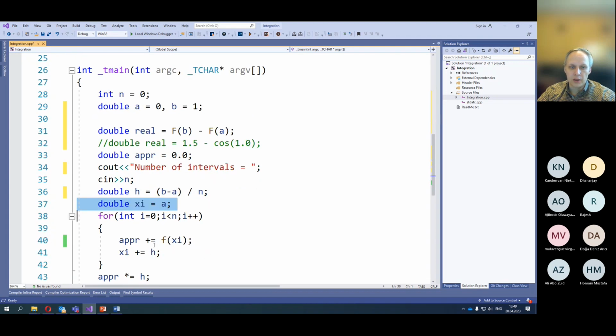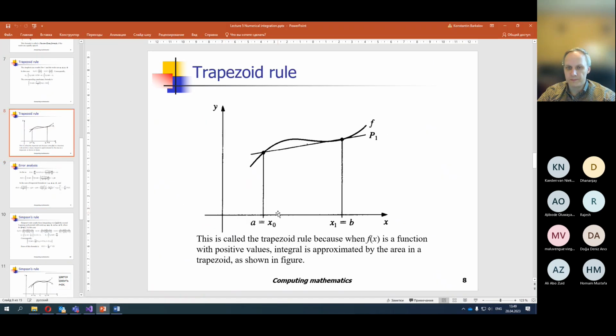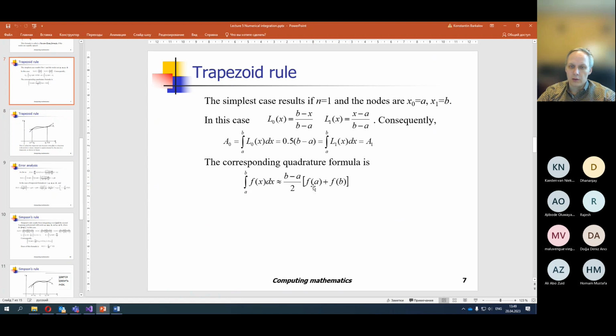Let xi be a, and now how to find the value of the integral? According to the trapezoid rule, we should find the sum f of a, where a is the left point, plus f of b, where b is the right point.